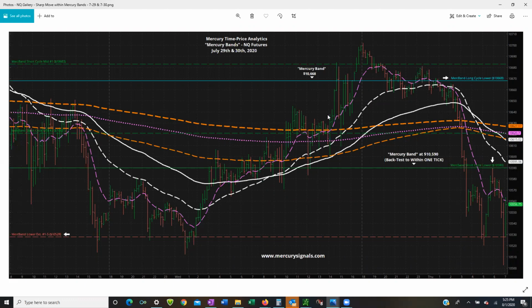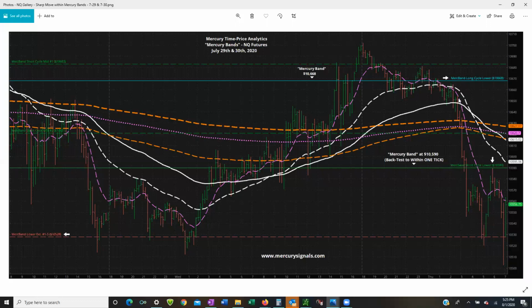What the algos are doing here is simply running stops, and then they reverse. All the people that were short here or short here got their stop run when it went up here. The institutional algos will run the stops of the people that are short. And then the hook is they turn around and take it the other way. All these people are like, dang, I was short here. Now they're trying to chase it lower to re-enter short. It's exactly how this works.